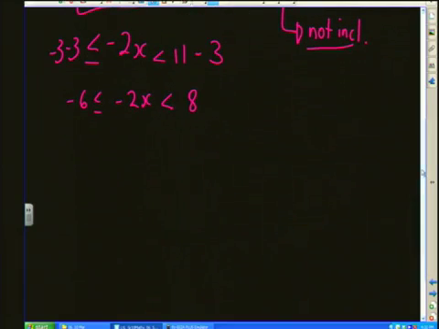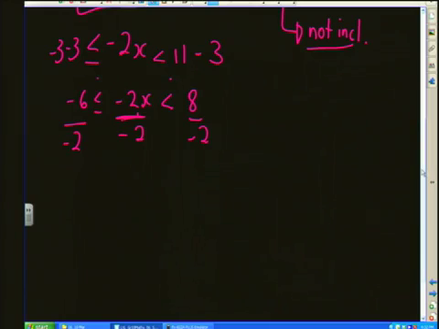Okay. We then going to get rid of the -2. Now this is where the summary we did comes into play. When we divide by a negative, we reverse the signs. In this case, we're going to reverse both the signs, the less than 8 and the greater than -6. Okay. Divide through by -2.